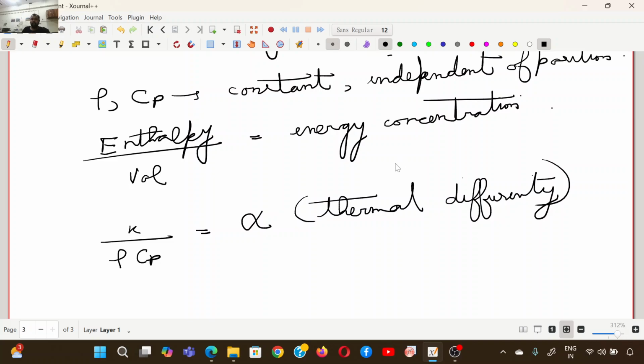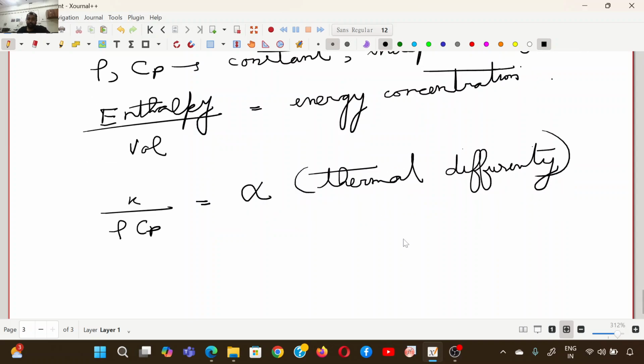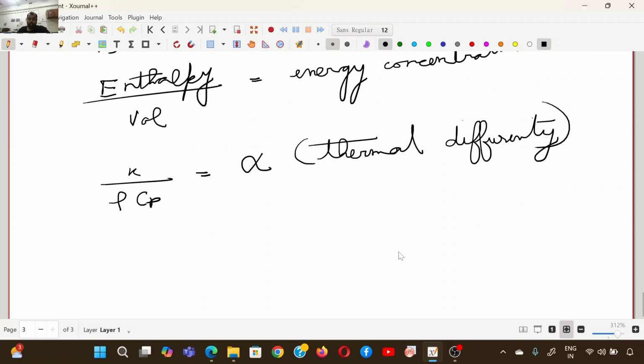The momentum diffusivity is mu by rho, or kinematic viscosity, and in species diffusion we have DAB. You'll notice a similarity between these different types of diffusivities. So can you find the units of this alpha? Just take a couple of minutes and try to find the units of alpha.